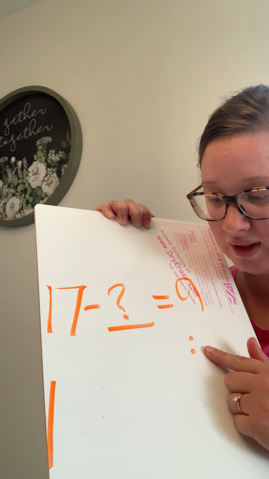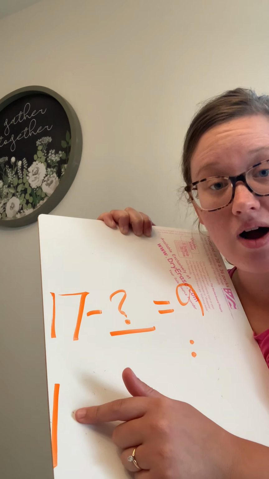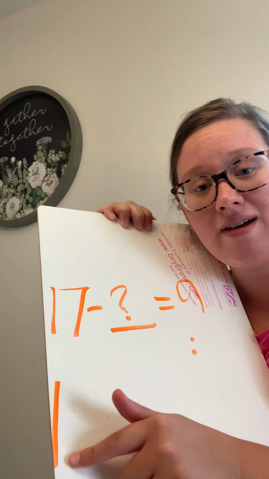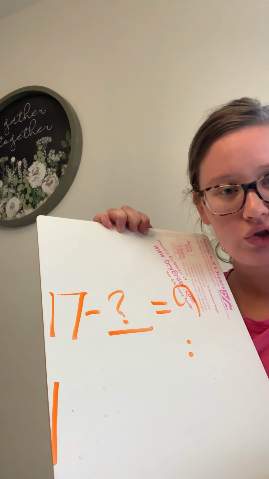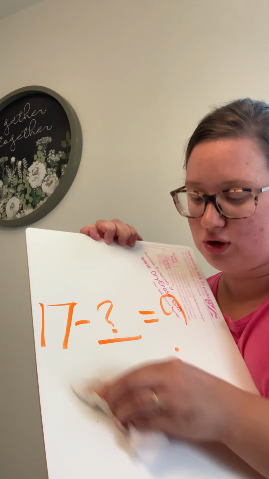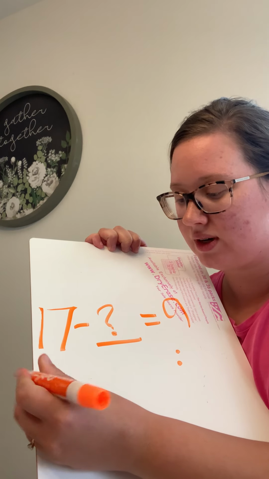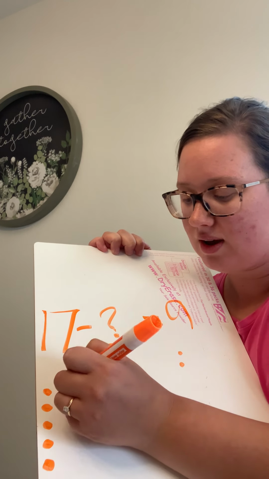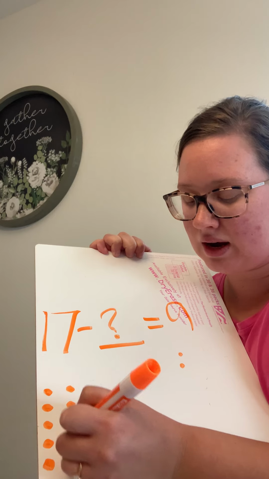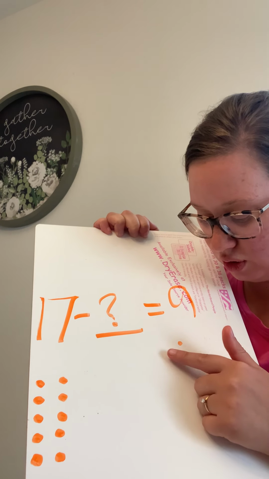I still have 2 left here and I have a rod. Remember, a rod is made of 10 units. So instead of having this rod, I can exchange it to 10 units. So it's no longer a rod, it's going to be 10 units. 1, 2, 3, 4, 5, 6, 7, 8, 9, and 10. Now I can take away these final 2.